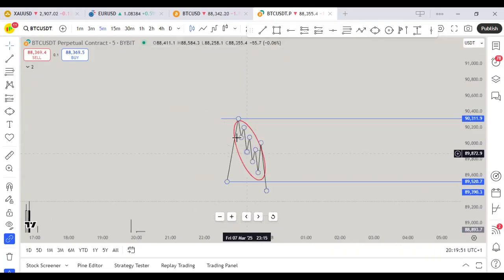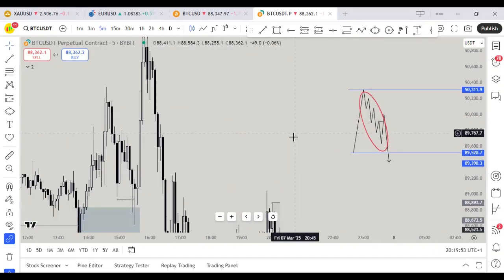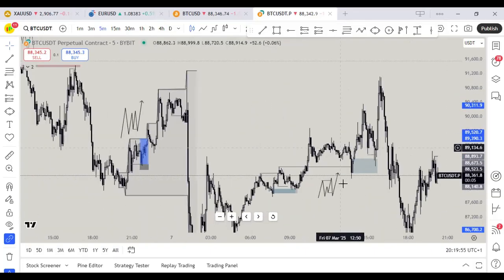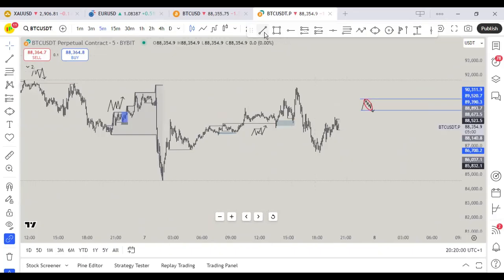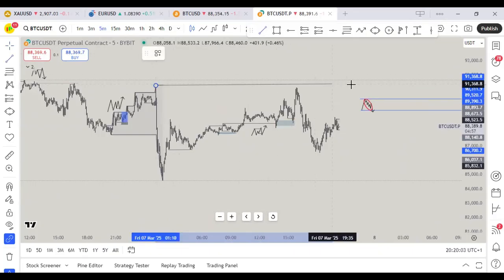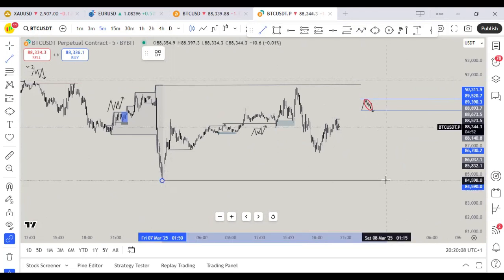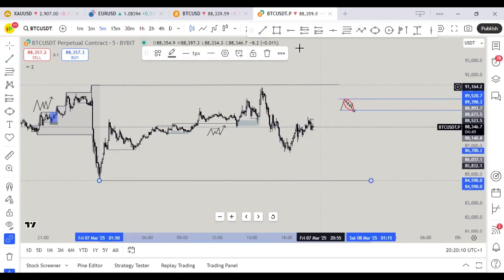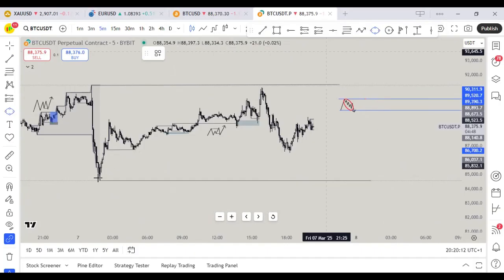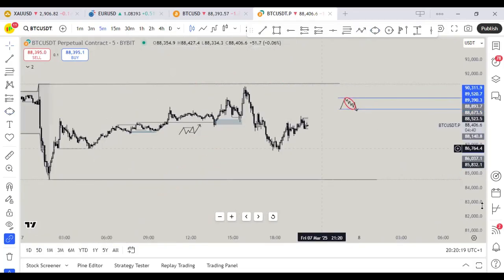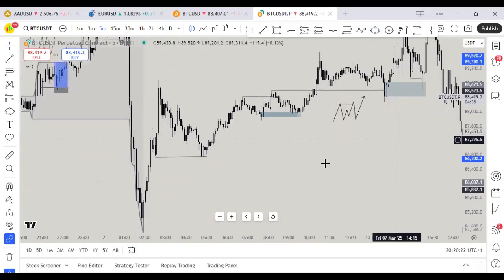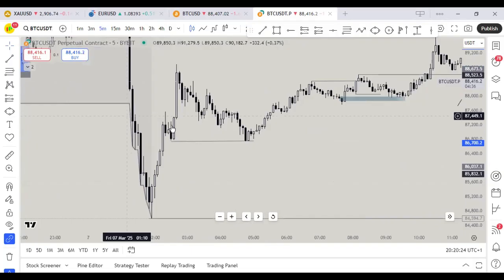So all what we are trading right here is internal liquidity, because this is the main high and this is the main low. External liquidity. Hope you guys are following me. So internal liquidity. We have this liquidity sweep.